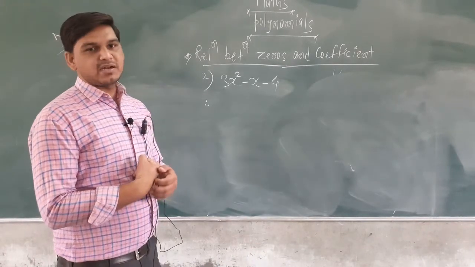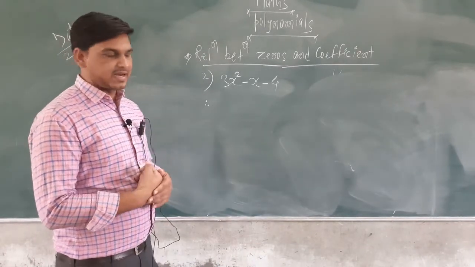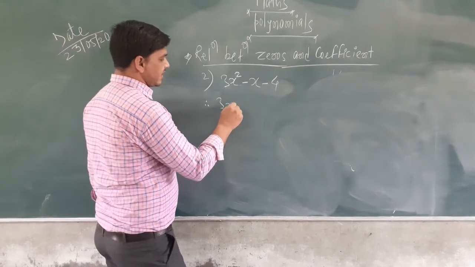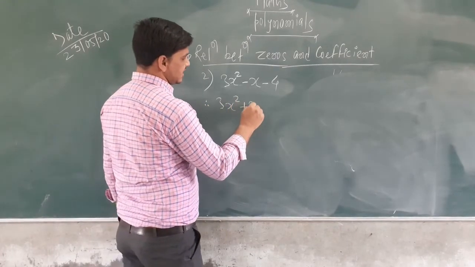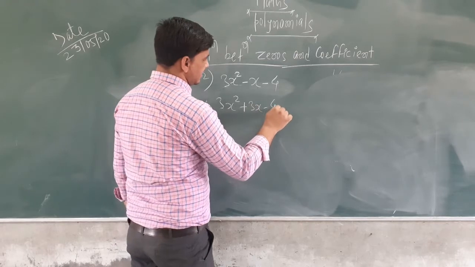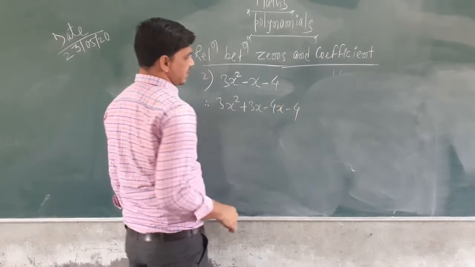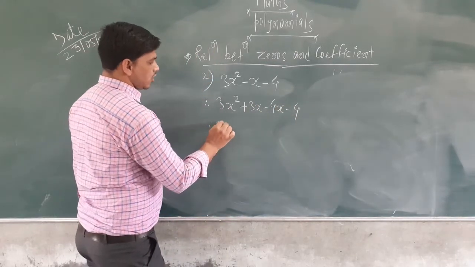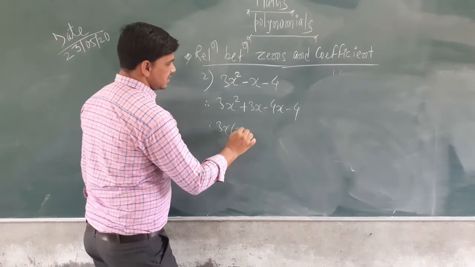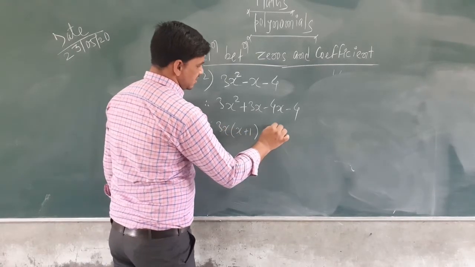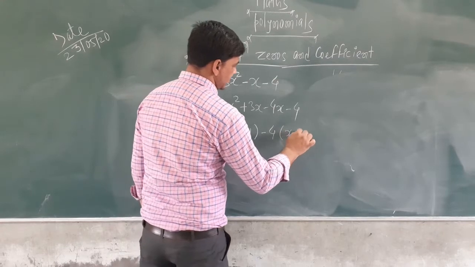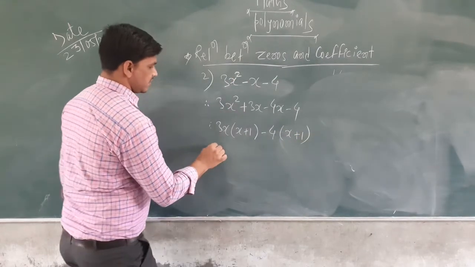So minus 1, how can we get? Minus 4 and plus 3, then we get minus 1. So 3x square plus 3x minus 4x minus 4. Okay, now 3x is common, x plus 1, minus 4 is common, x plus 1.